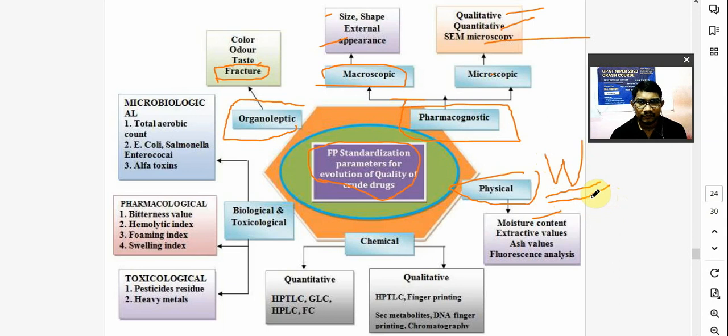So you can measure the water content present in the crude drug by using these three.